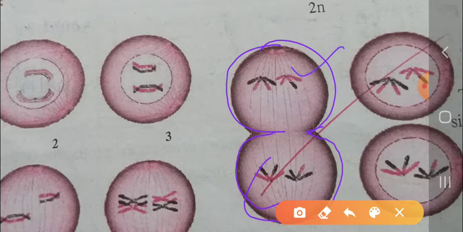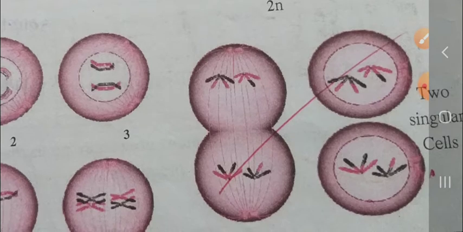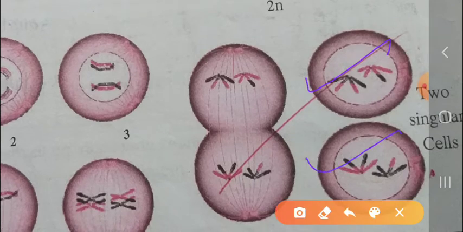This is one cell and this is second cell, and the chromatids are moving apart from each other. You can see here, children, this is the telophase 1. Here you can see one cell and this is second cell. Two cells are formed here.